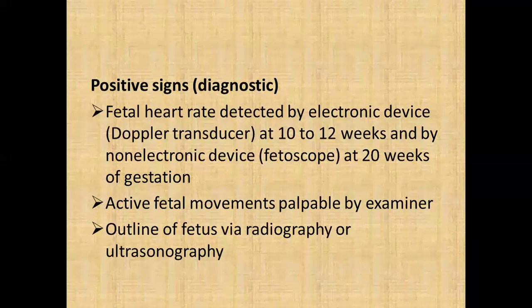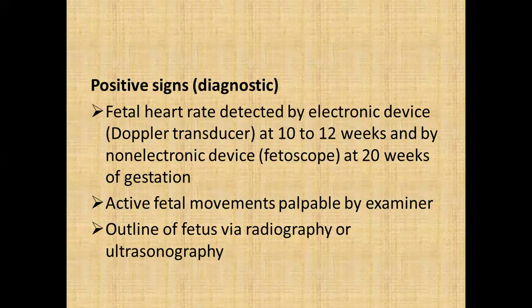Then the last one is identifying the outline of the fetus on an ultrasound. The outline of the fetus is identified via either an X-ray, that is radiography, or ultrasonography.